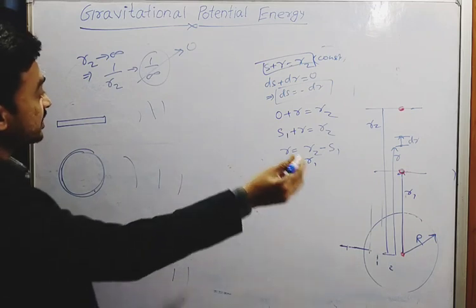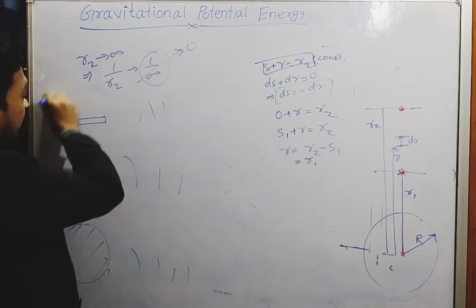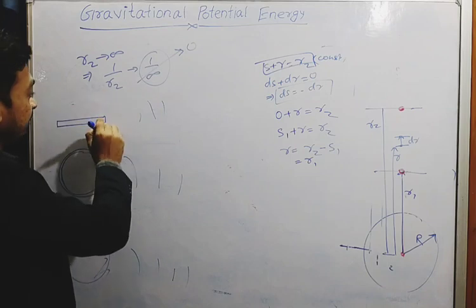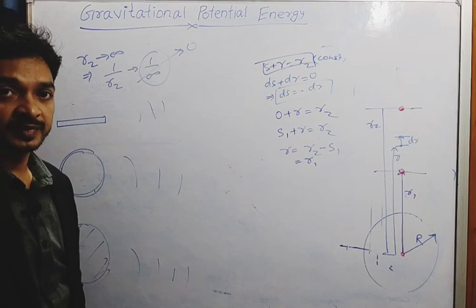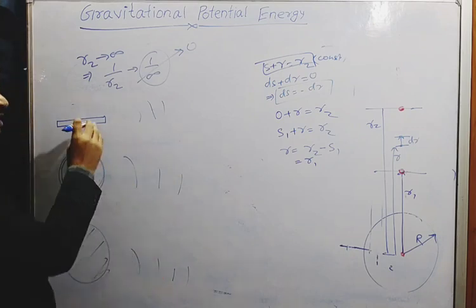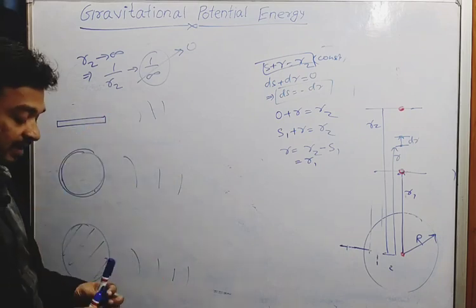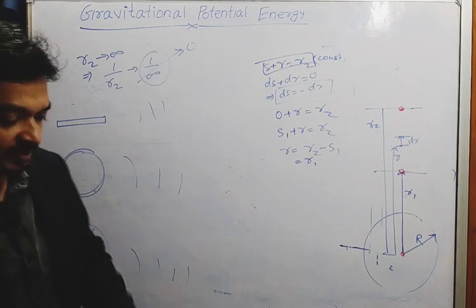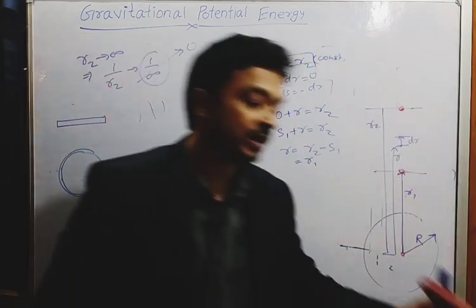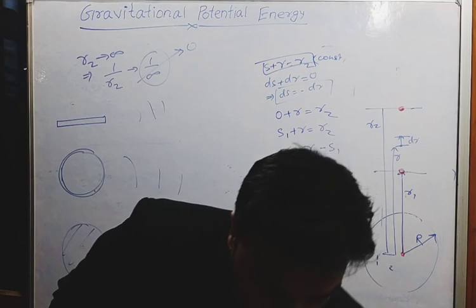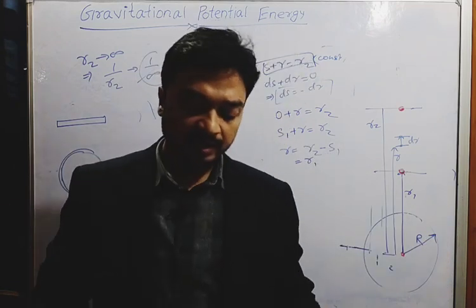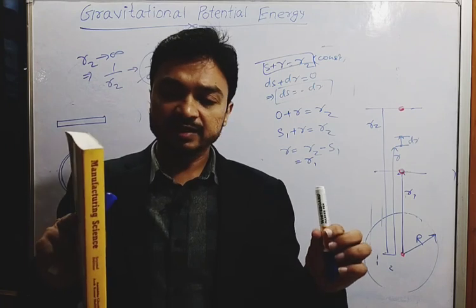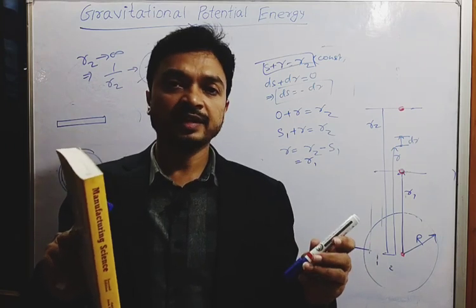And when you place another object in the vicinity of the gravitational field of this object, it will have some potential energy. But the calculation is tough. And for a smaller object, the gravitational force is insignificant.